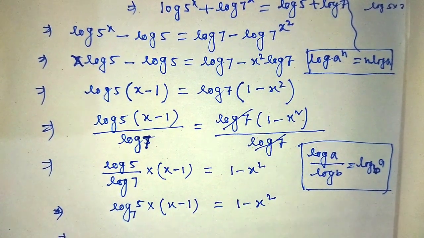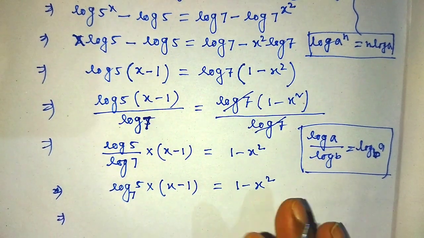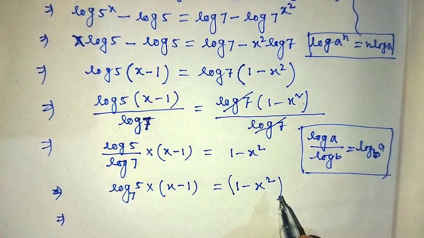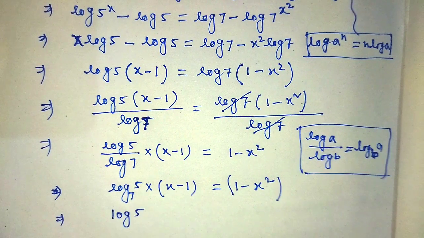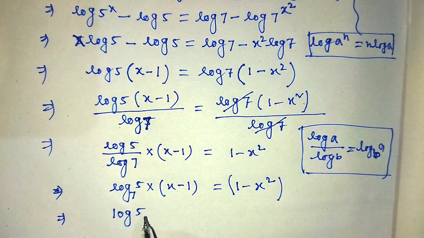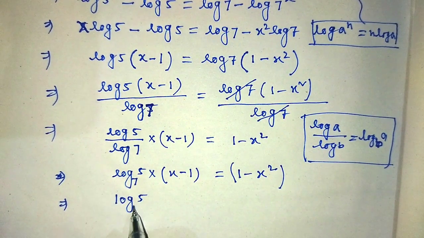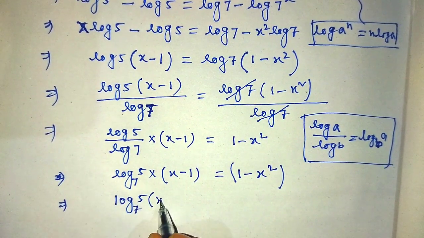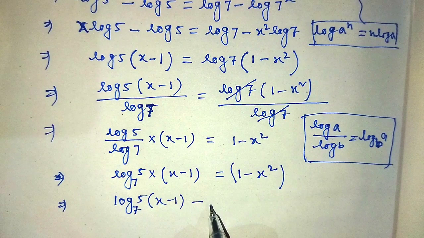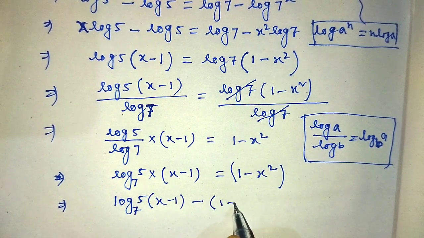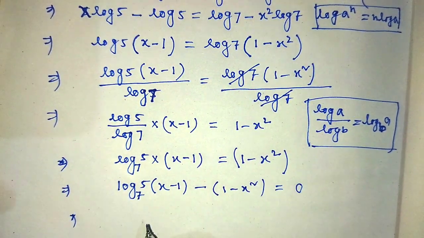After that, we have to transpose 1 minus x square from the right side to the left side. Then the left hand side becomes log of 5 to the base 7 into x minus 1 minus (1 minus x square) is equal to 0.